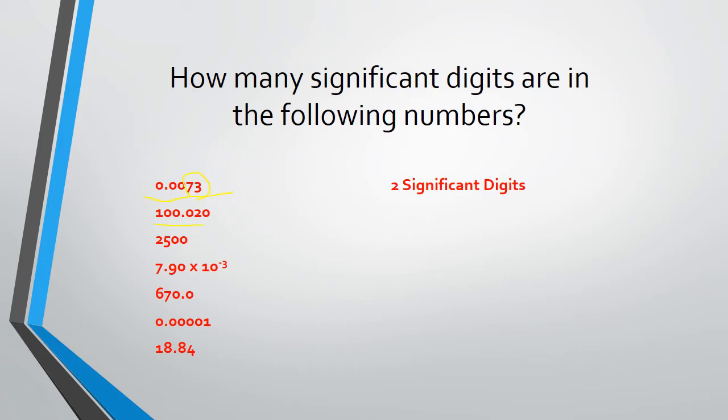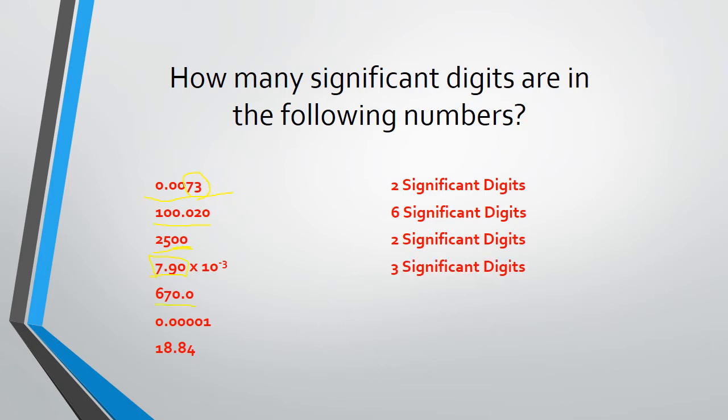How many significant figures do we have here? All the digits here are significant figures based on rule number 2 and 3. We have 2 significant figures based on rule number 4, that these 2 zeros are leading zeros. 3 significant figures we have here.